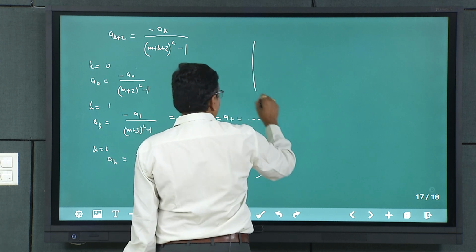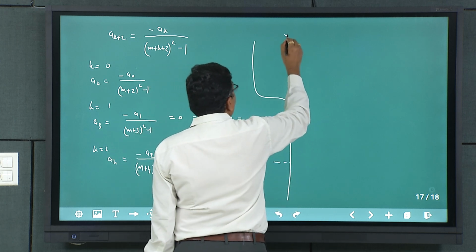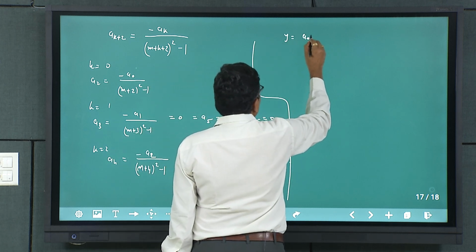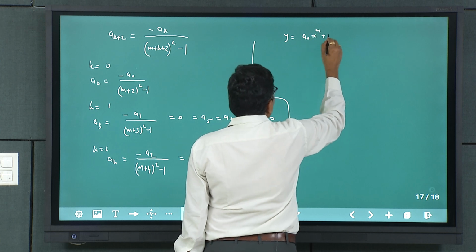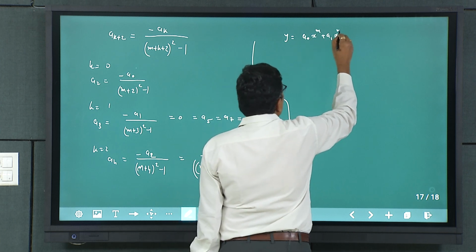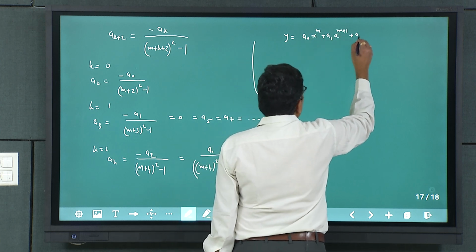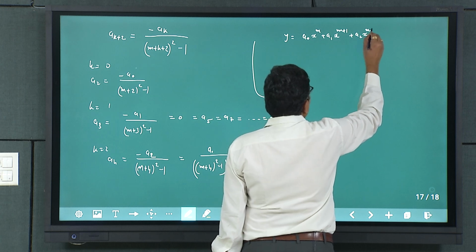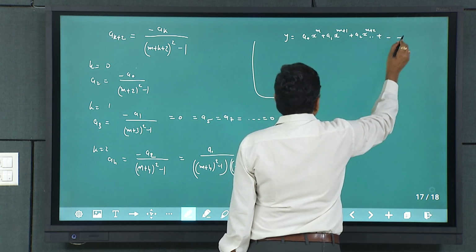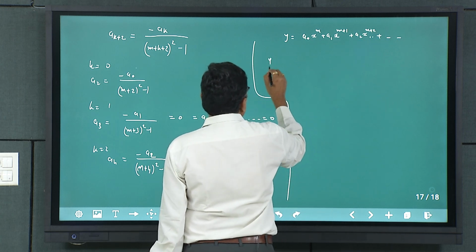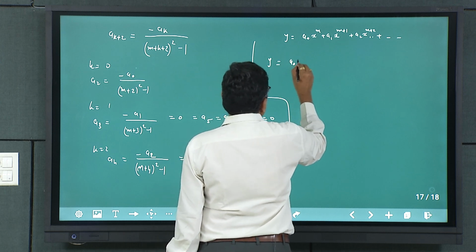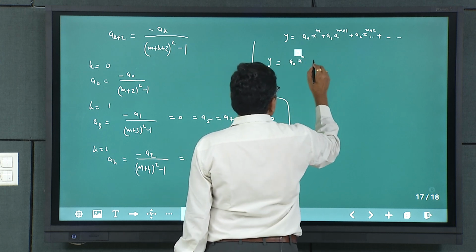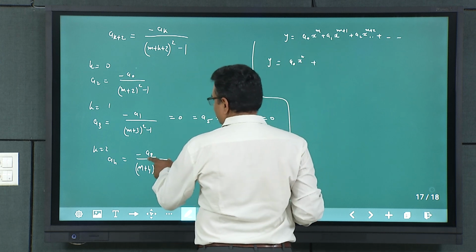Now put all this value in this equation. Y is equal to a0 x raised to power m plus a1 x raised to power m plus 1 plus a2 x raised to power m plus 2 and so on, right. So y is equal to a0 x raised to power m, a1 is 0 plus a2.